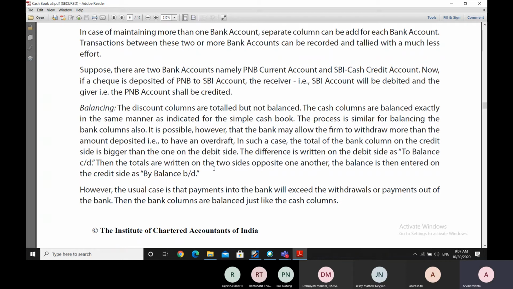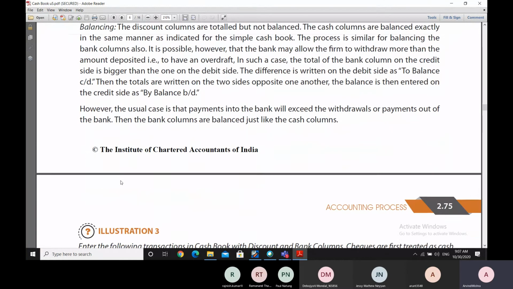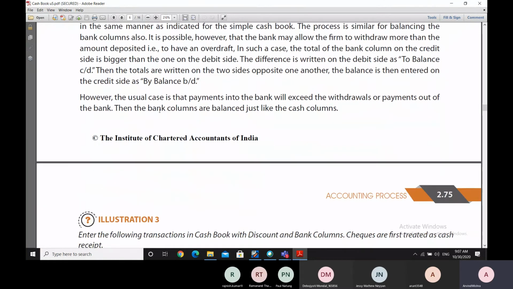And then totals are taken of both sides and written opposite one another. And then the balance is taken forward by writing a by balance brought down entry on the credit side in the beginning of the next month or the next period.